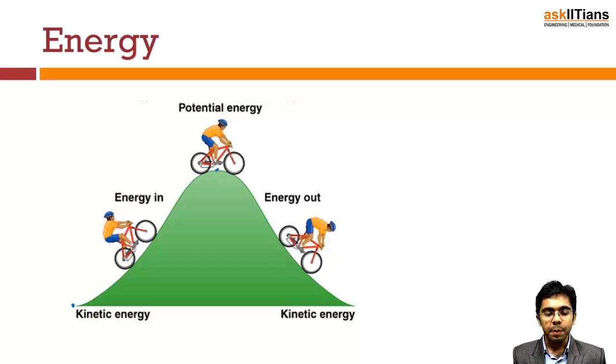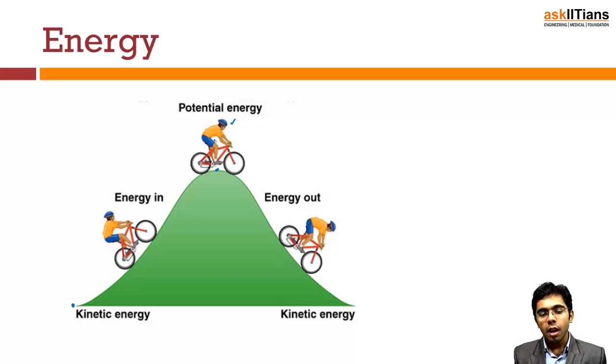Now what we can say is that at the initial point it has some amount of energy and it reaches the maximum point. After reaching the maximum height, it stops there momentarily because it won't have any kinetic energy. This is our assumption.